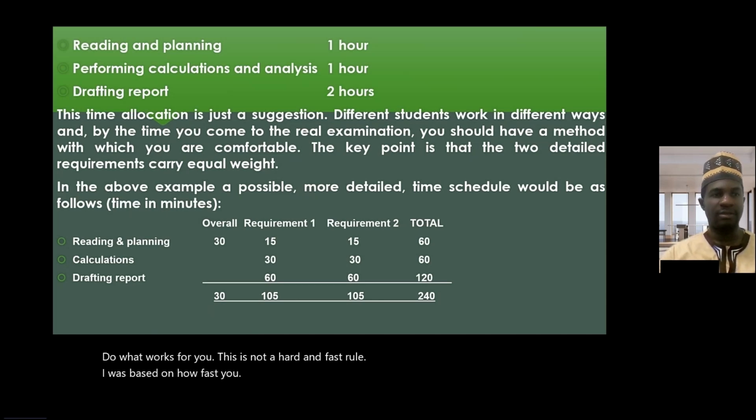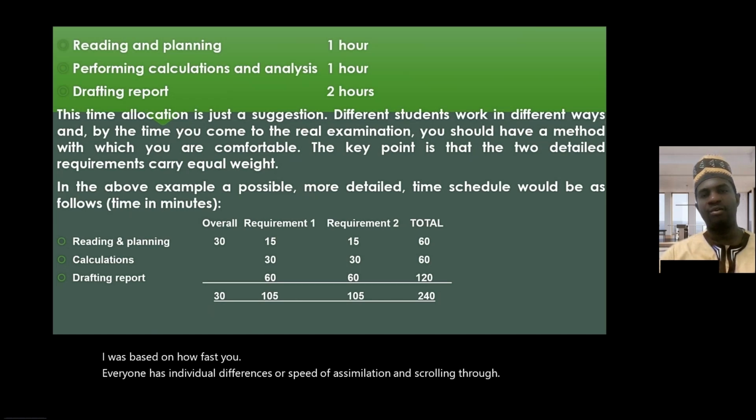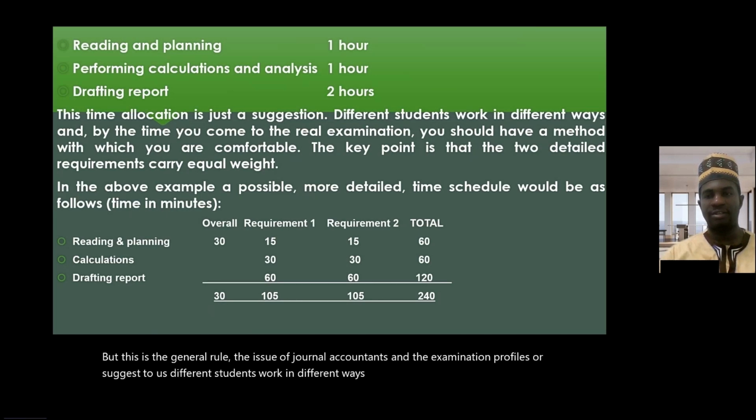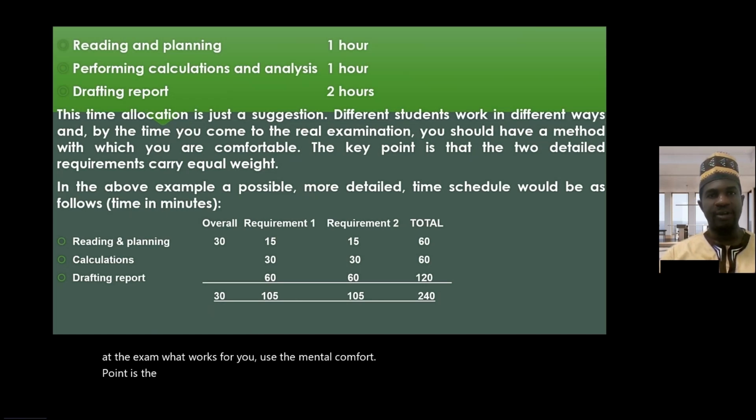Everyone has individual differences or speed of assimilation and skimming through documents. But this is the general rule the Institute of Chartered Accountants and the examiner suggests to us. Different students work in different ways, so use the method that works comfortably for you. The point is the requirements carry the same weight.